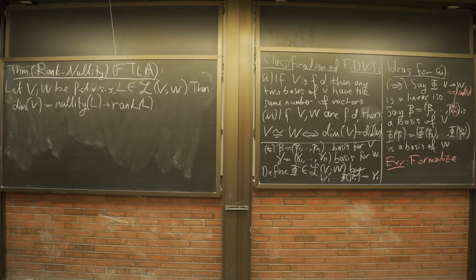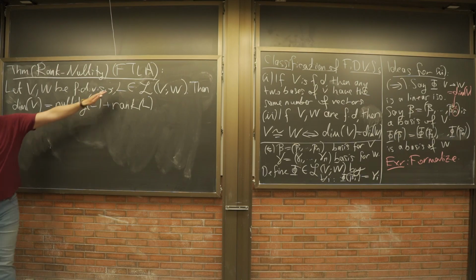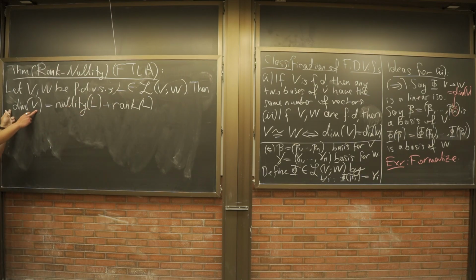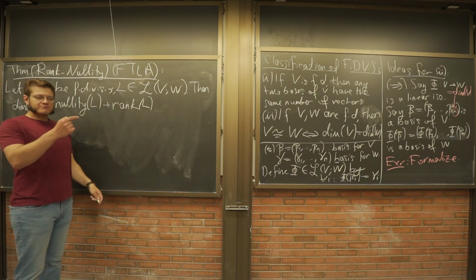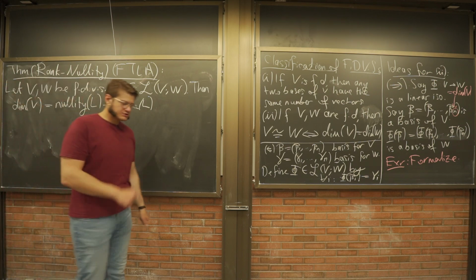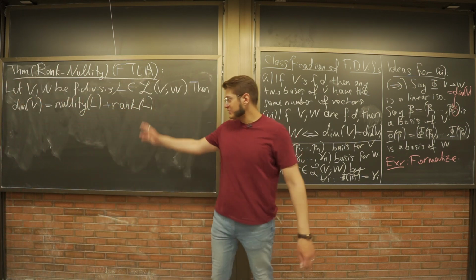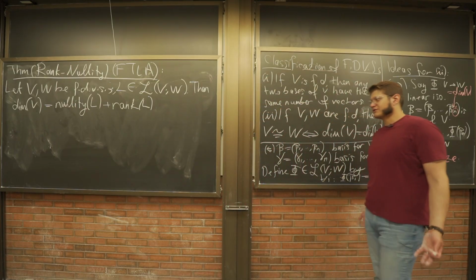In matrix language, if I have a matrix L, the dimension of V is the number of columns, the rank is the number of pivots once you do the row reduction, and the nullity is essentially the rest.